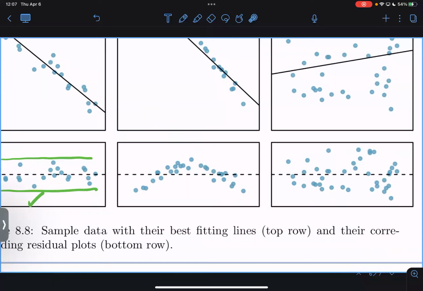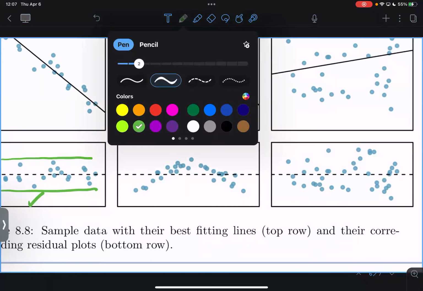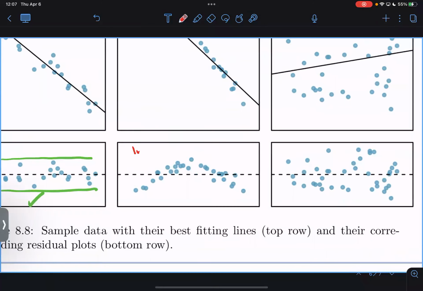They're still centered on 0, about half of them are below, half of them are above, but now I have this non-linear pattern. And so the linearity condition is not met.